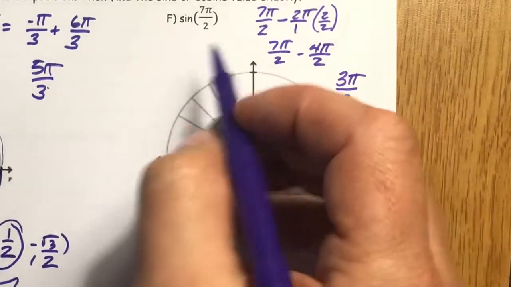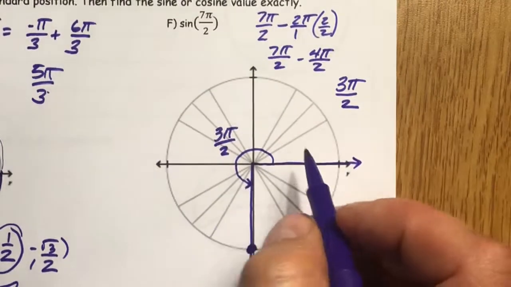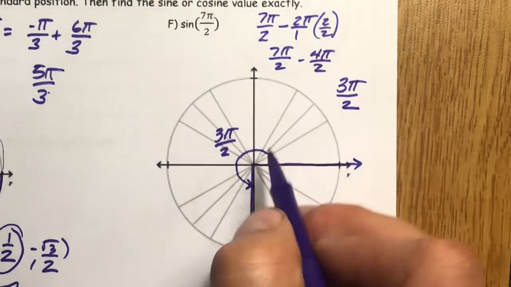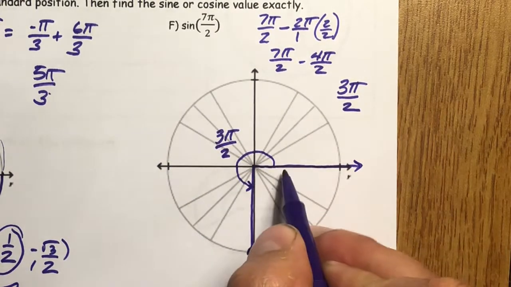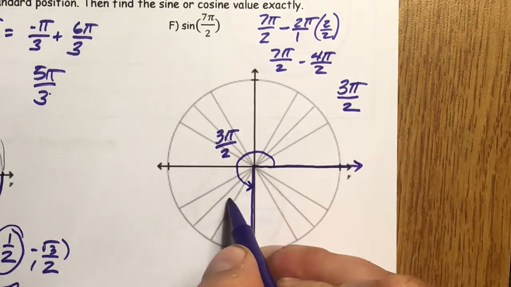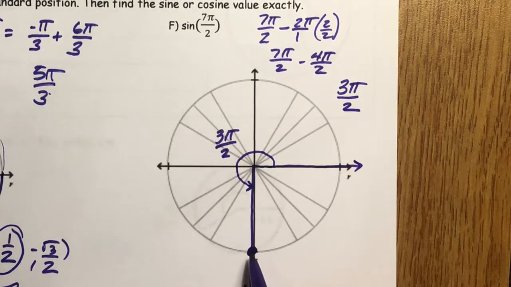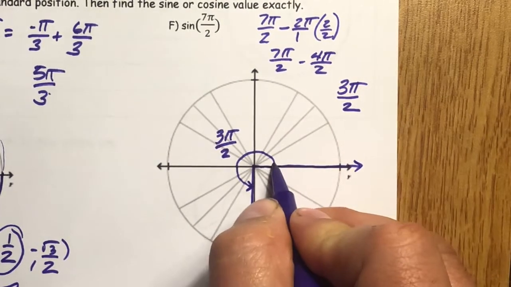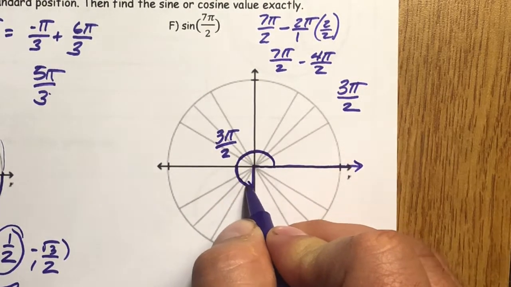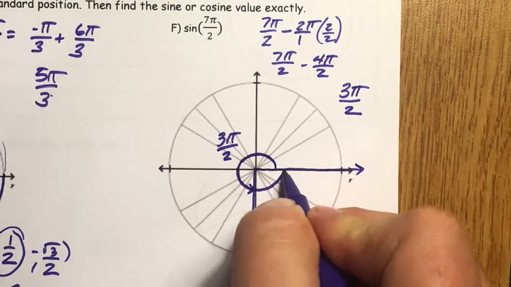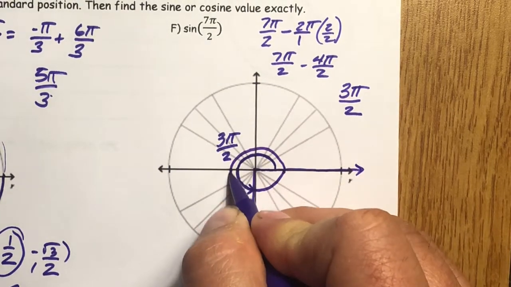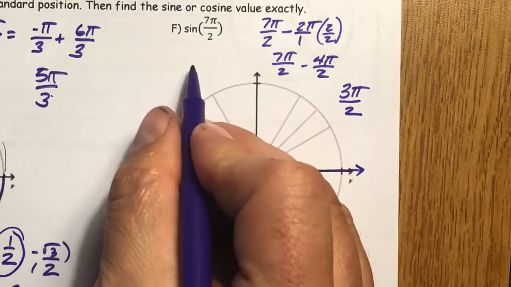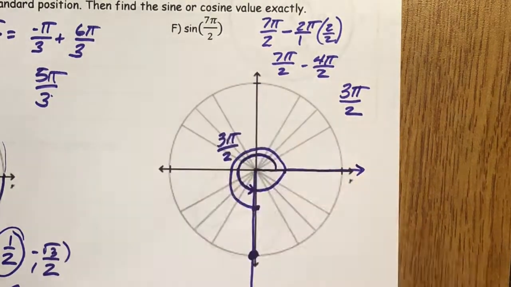Now, if you're looking at the original 7 pi over 2, that's 3.5. So if I went around 1, 2, 3, and then 0.5, I'd land in the same spot. It's almost like starting here and going 1 pi, 2 pi, 3 pi, 3.5 pi, which is 7 pi divided by 2.